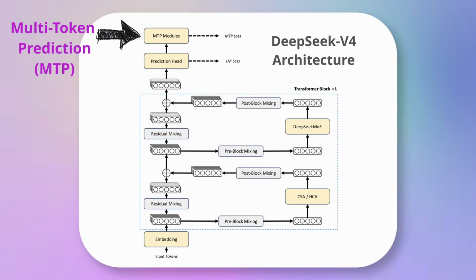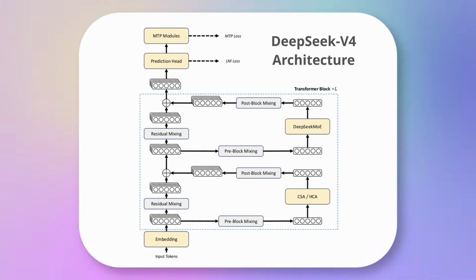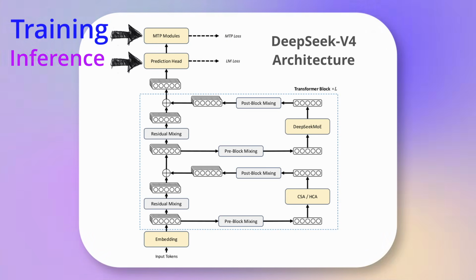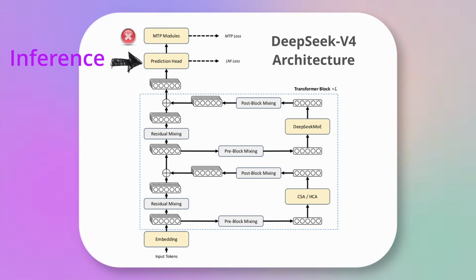This acts as an additional supervision signal during training, forcing the model to plan ahead a little, improving sample quality and making the model more foresighted. So effectively, the MTP loss is only used during training to improve the model's representations. During inference or text generation, we only use the prediction head to generate 1 token at a time, so this MTP module is not used.